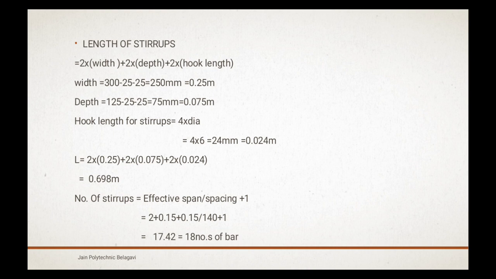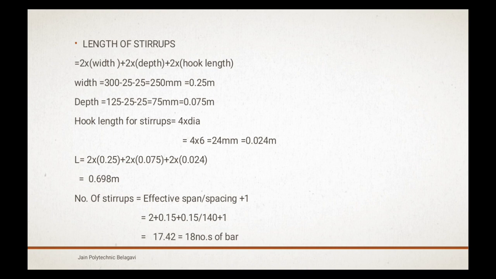Depth 125 minus 2 times clear cover gives 75 mm, in meter 0.075. Hook length for stirrups is 4 times dia; stirrups are 6 mm dia, so 4 into 6 is 24 mm, in meter 0.024.